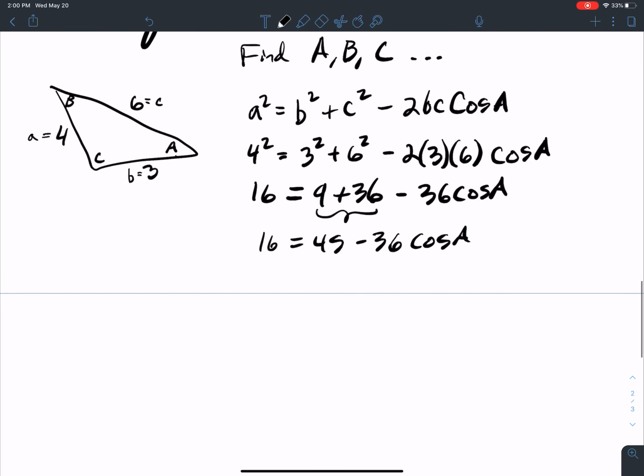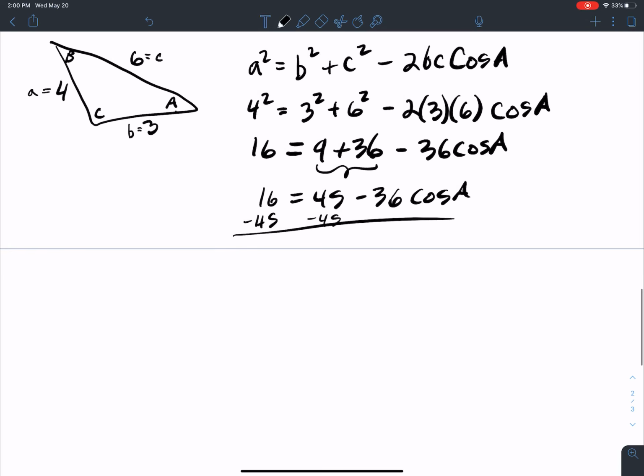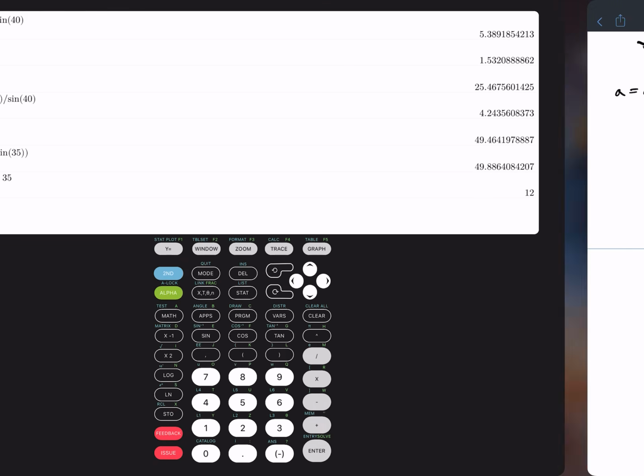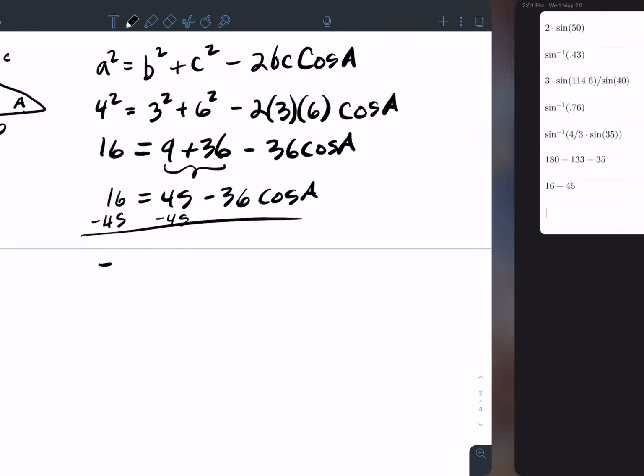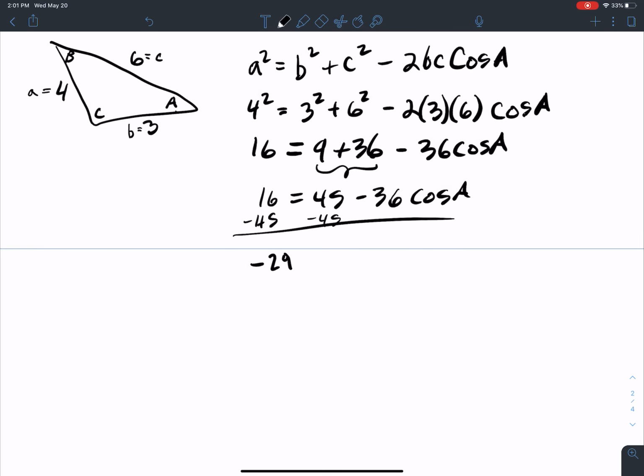And so if I solve, I need to subtract 45. So 16 minus 45 gets me negative 29 equals negative 36 cosine A. Divide by negative 36 on both sides.